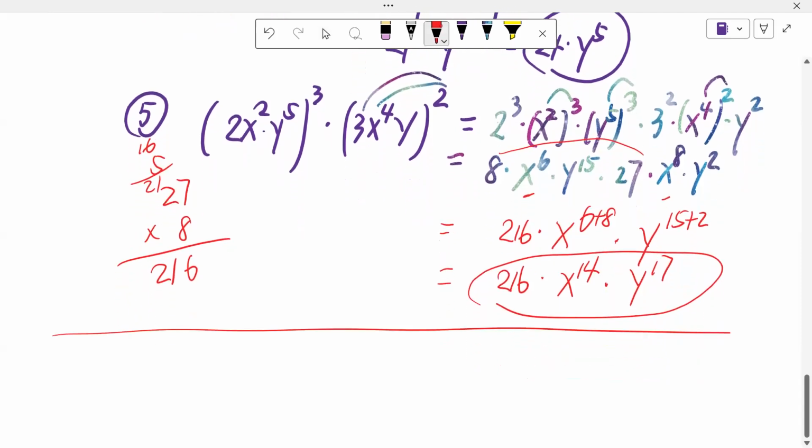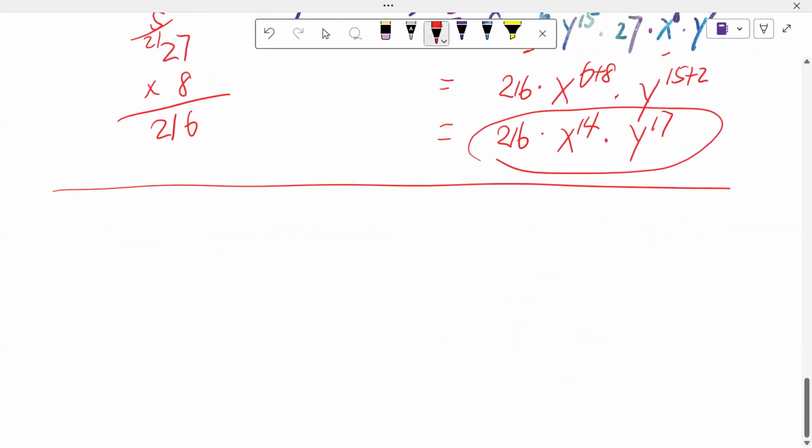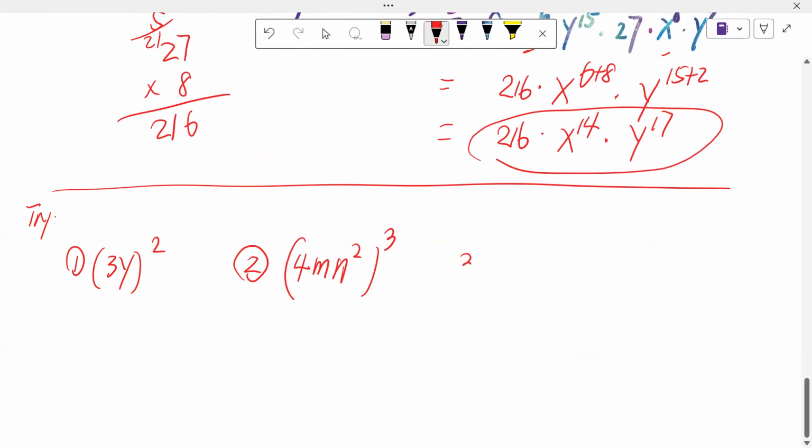Okay. I want you guys to try some of these. So, first one, 3y squared. Second one, 4y. And third one, negative half y to the fifth squared.